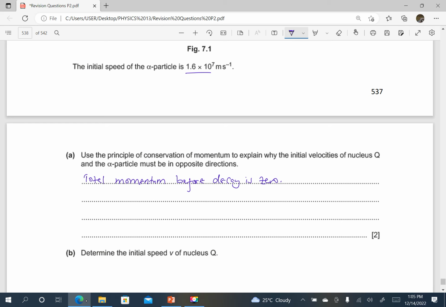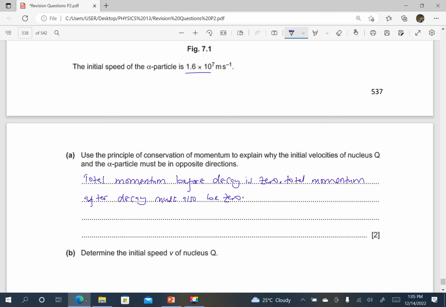So total momentum after decay must also be zero.